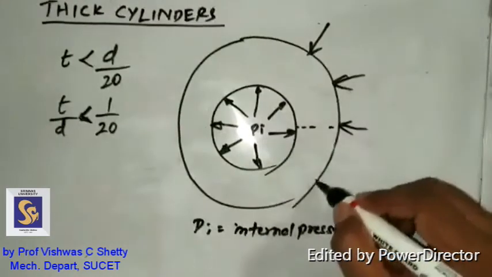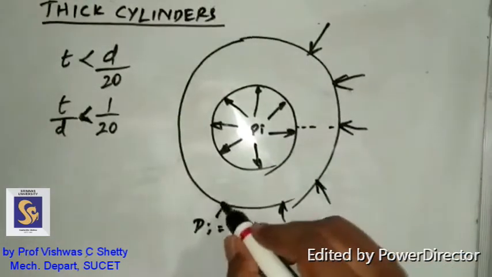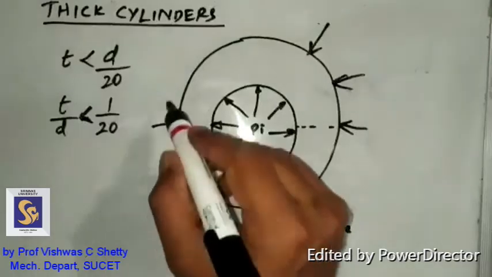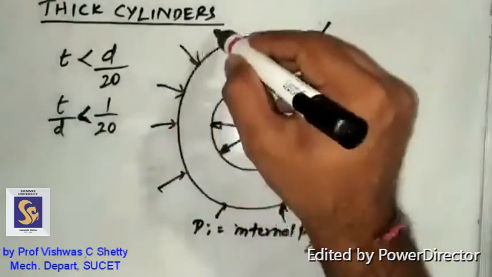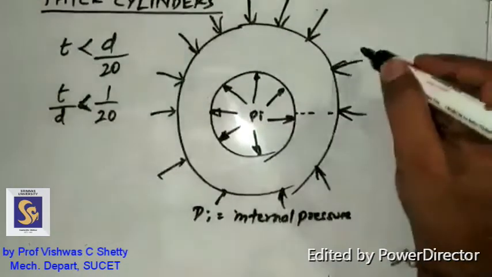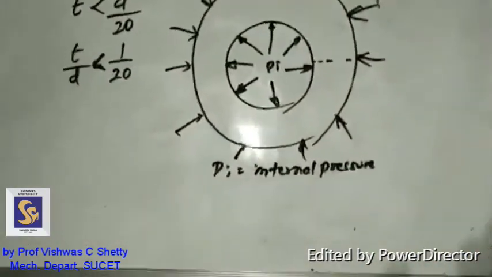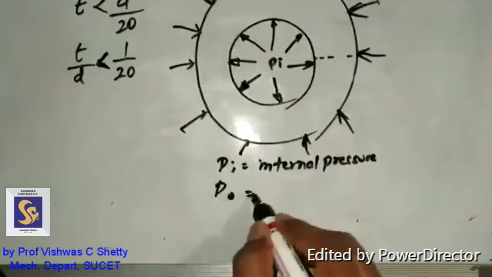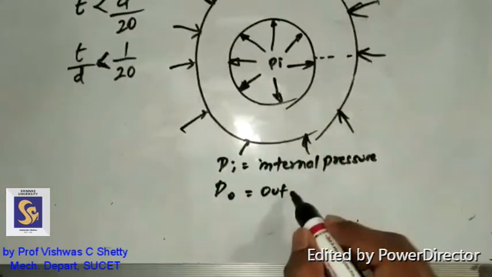Then the atmospheric pressure, which acts from outside, will be Po, the ambient or atmospheric pressure, that is, the outside pressure.